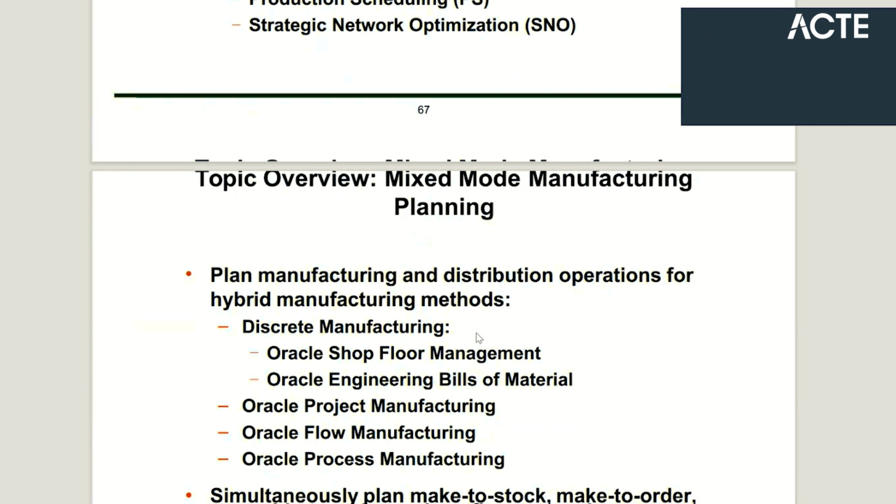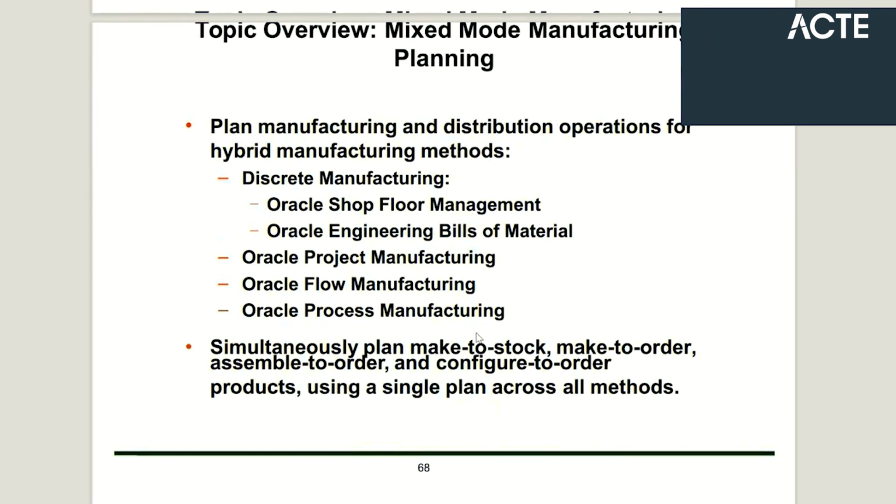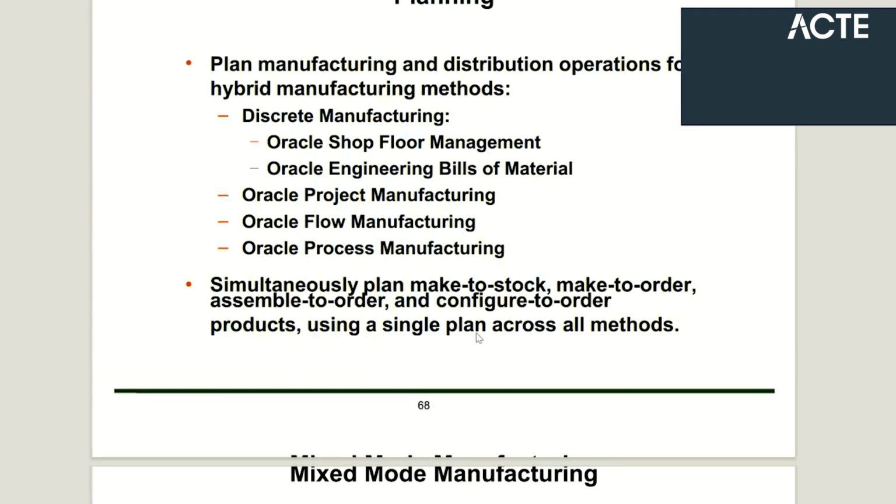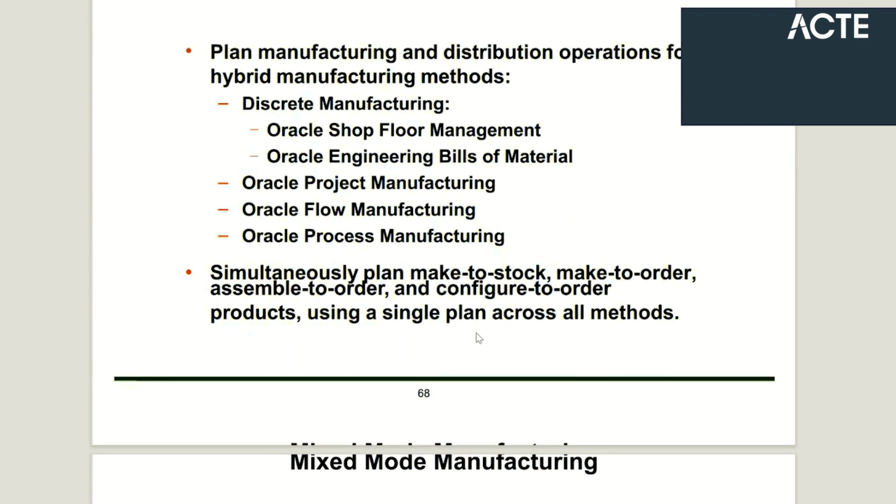So, mixed mode manufacturing plan. In that plan, you will have shop floor management, engineering bills of materials, project manufacturing, flow manufacturing, process manufacturing. All these different manufacturing types are there, which will be make to stock, make to order, assemble to order, or configure to order, as per the order details and the stock details.